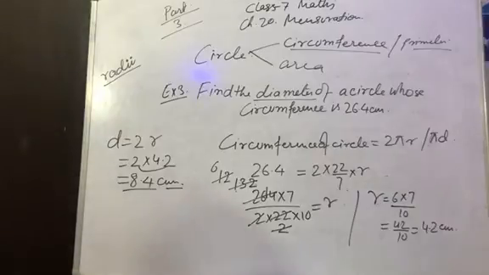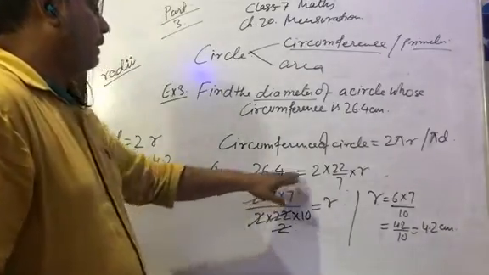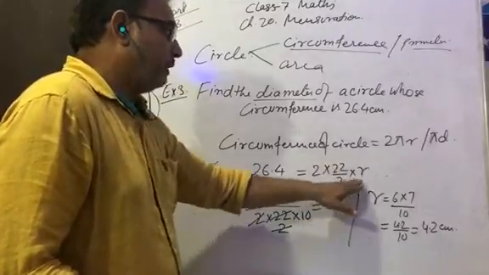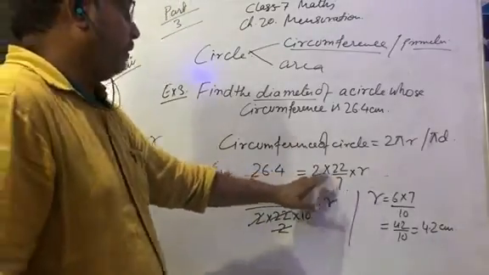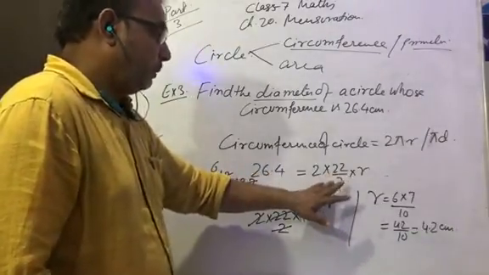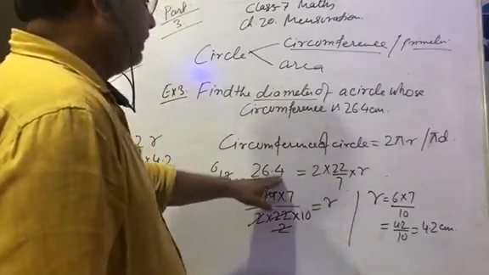Now see the solution. Find the diameter of a circle whose circumference is 26.4 centimeter. Circumference of a circle is equal to 2 pi r, or you can use pi d also. So the circumference 26.4 is given, which is equal to 2 multiplied by 22 upon 7 into r. You can shift this number to the LHS side, means 22 upon 7 is divided, so it will multiply with 26.4.